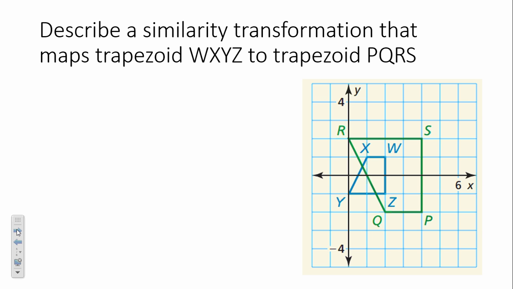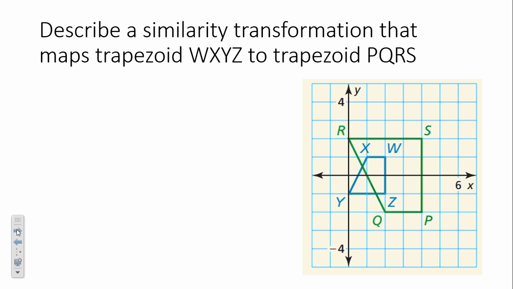So if we did a 180 rotation, then we probably have to do a reflection across the y-axis to get it in the right orientation, or we could potentially reflect it across the x-axis. So shall we try the reflection across the x, because it should take one less transformation, right? Let's try that. Let's see if we can get it in the same orientation.